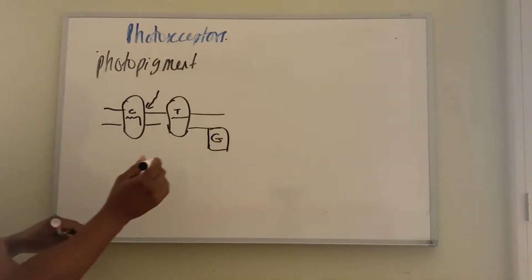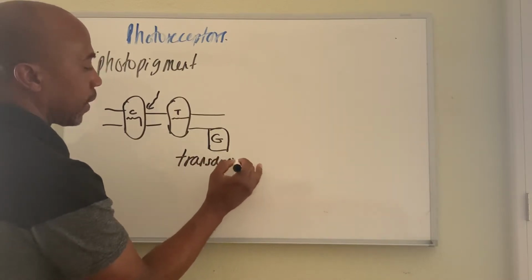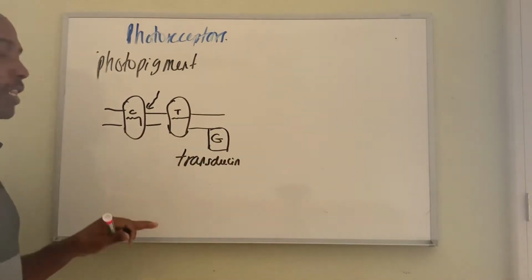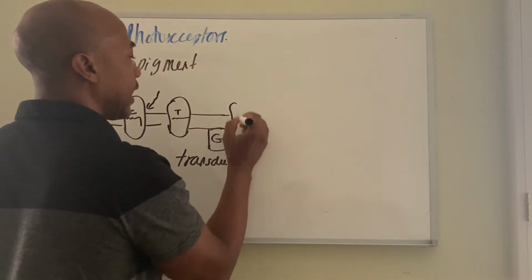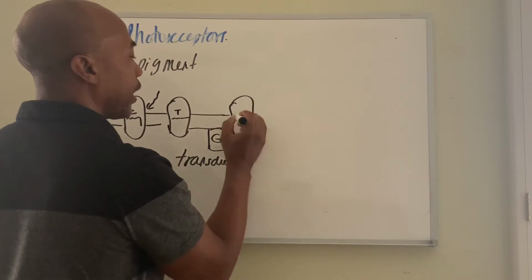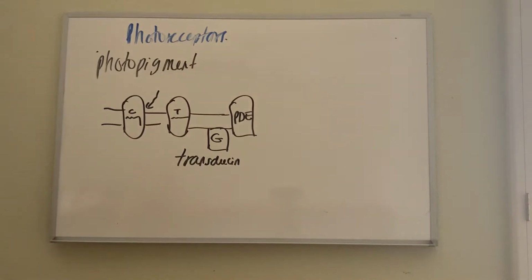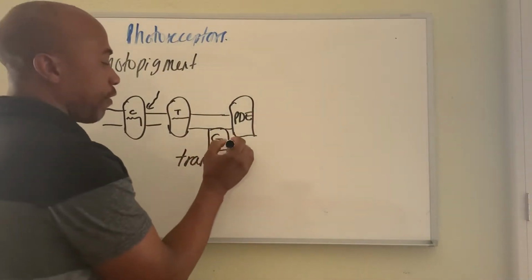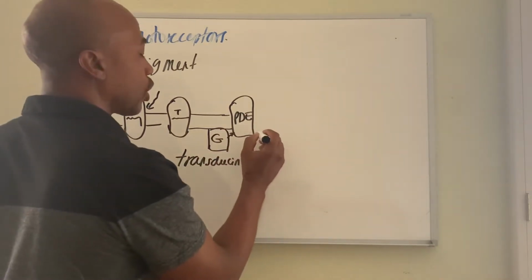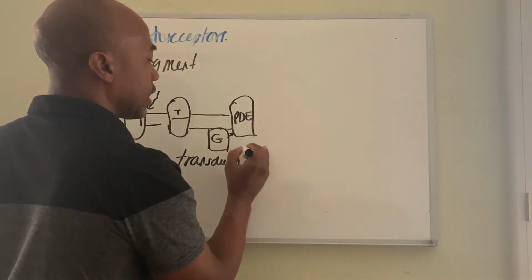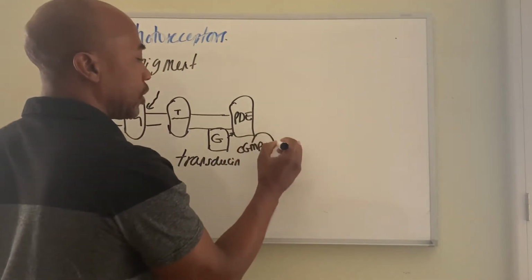That G protein is what we call transducin. Then the G protein will in turn activate another enzyme in the membrane called phosphodiesterase, PDE. And once the G protein activates phosphodiesterase, this enzyme's job is to convert cyclic GMP into regular GMP.